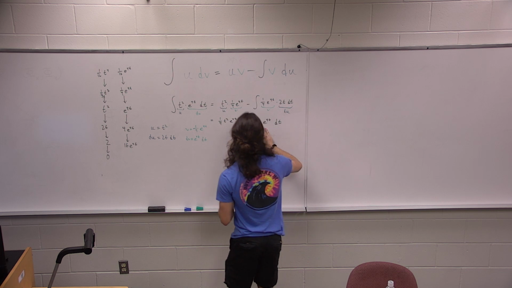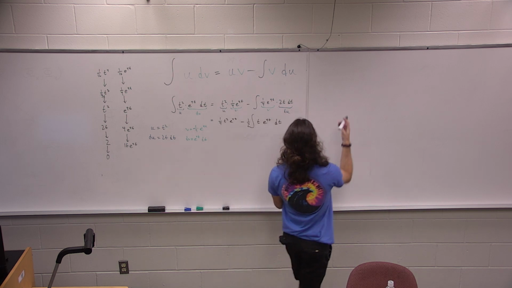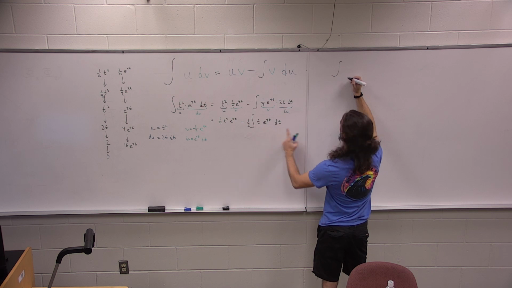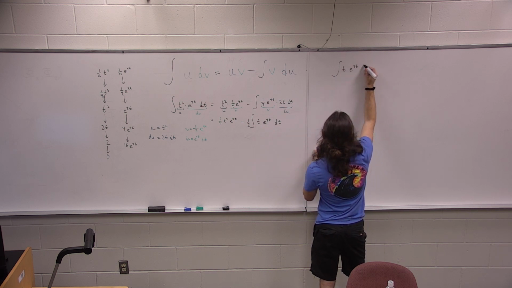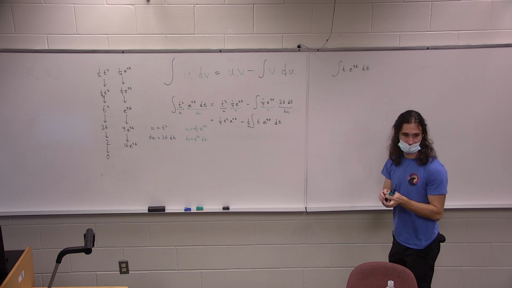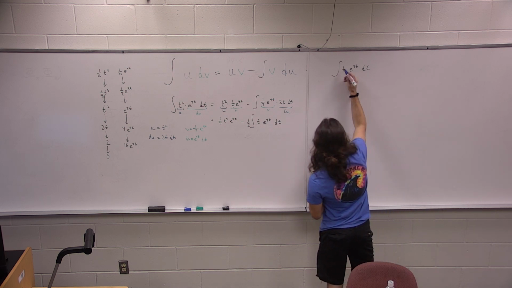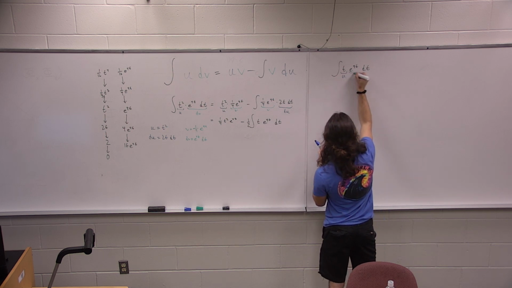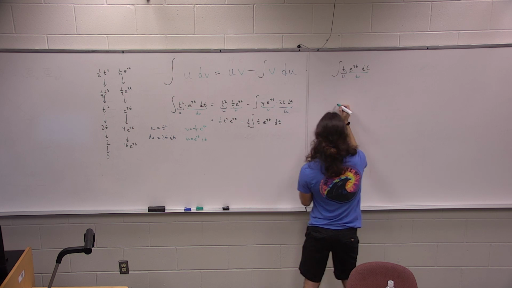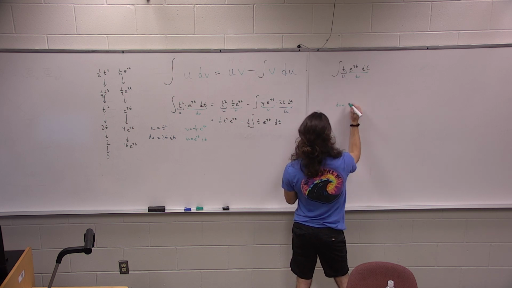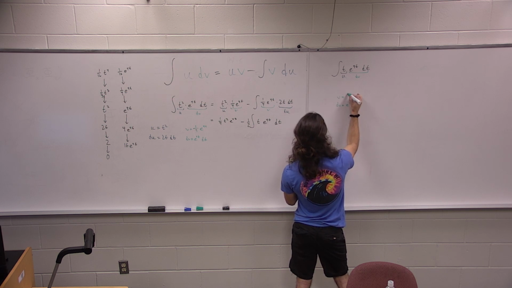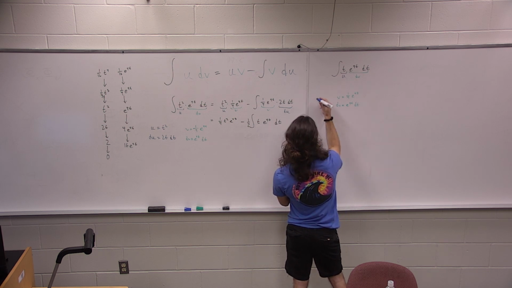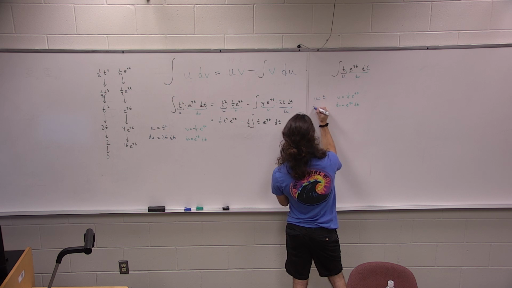In fact, just to be clear, let me do this over here instead. The integral of t e to the 4t dt, we're going to work that out separately. Again, it's a good idea to let this be the u and this be the dv, because this one you have to take the antiderivative of, but it won't get any worse, and this one you have to take the derivative of, and it will get better.